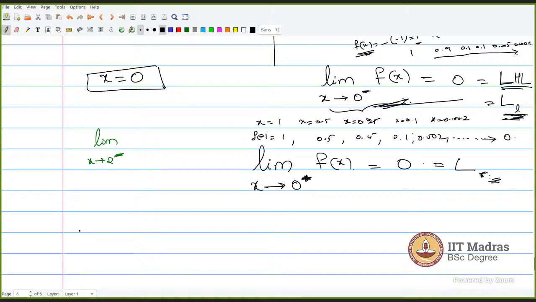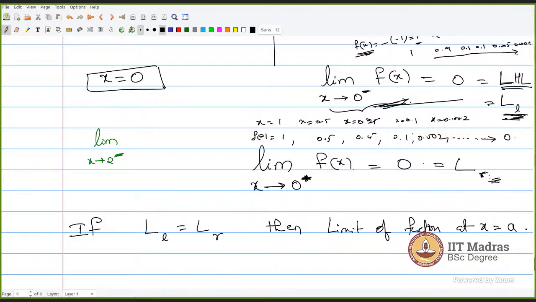Now we will come to the definition. If LL is equal to LR, then limit exists. The limit of the function at a point x equal to a exists.